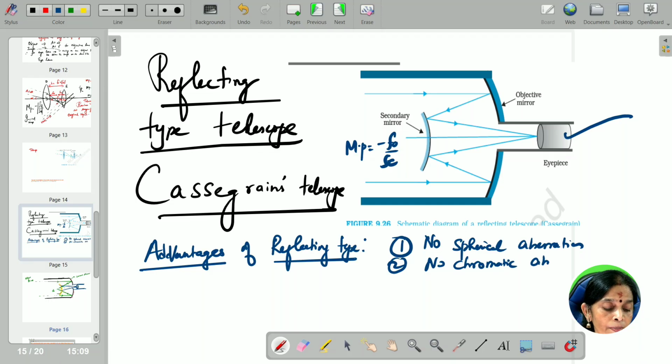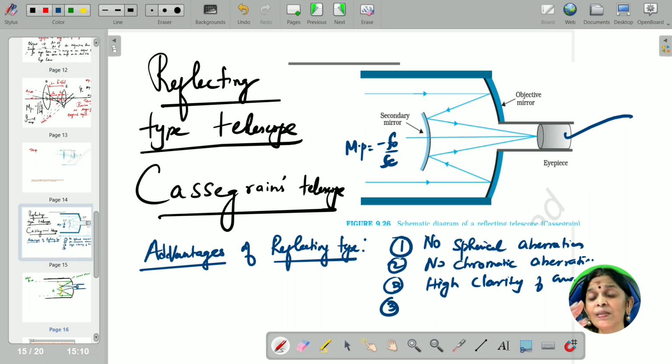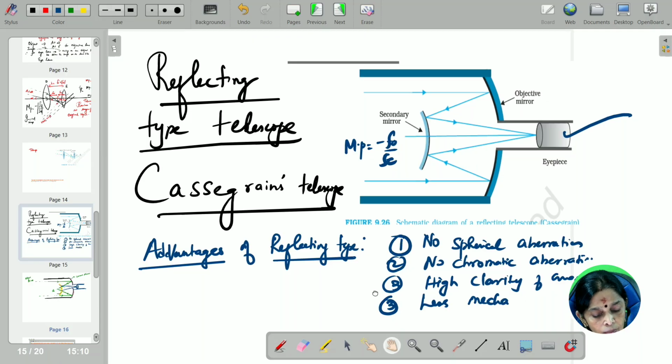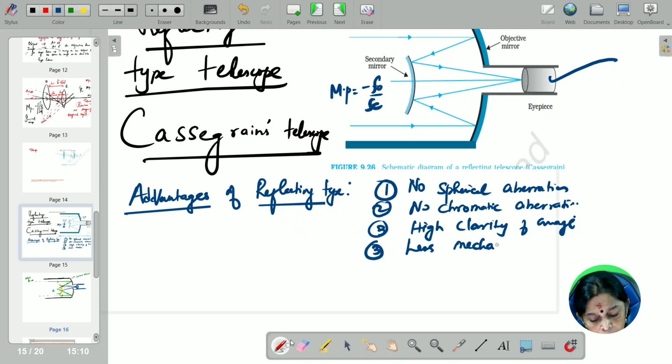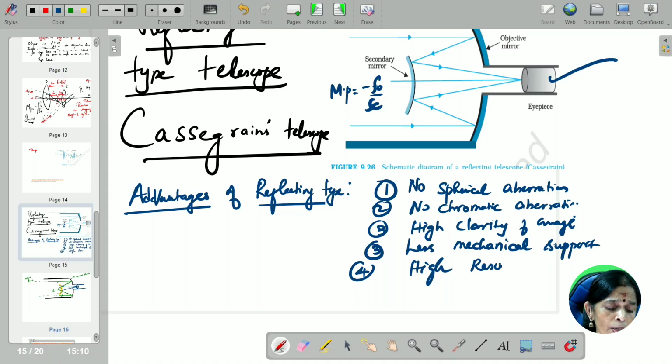Number three, high clarity of image, that is nothing but high intensity of image. Less mechanical support. You can even say high resolution. All these are important advantages. So hence we go for the same thing.